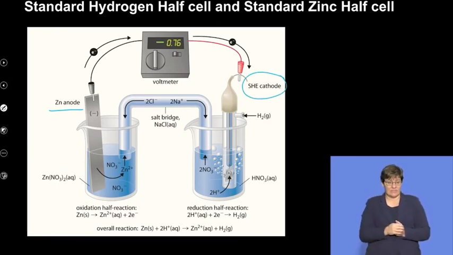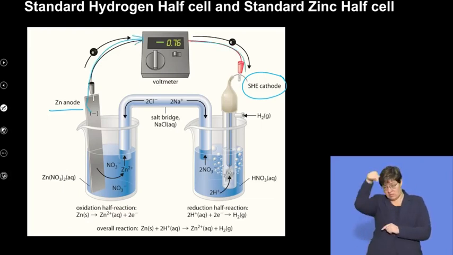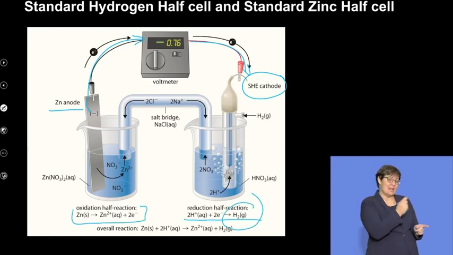And what you'll notice is that zinc is able to donate its electrons, and the electrons move through the voltmeter to the cathode, and at the cathode there is a reaction where the acid is gaining electrons to produce more hydrogen gas, where over here the zinc metal is going into solution to produce more zinc ions.